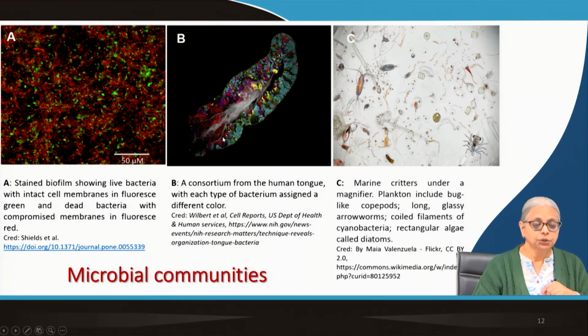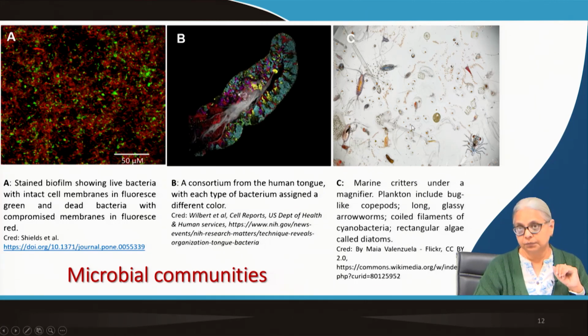So this is a consortium of bacteria, different species that are growing on the human tongue. They grow on the teeth, on the tongue, on the inner cheeks, and all of that. Here the different species have been falsely colored just to differentiate them, and you can see the diversity just on the human tongue.